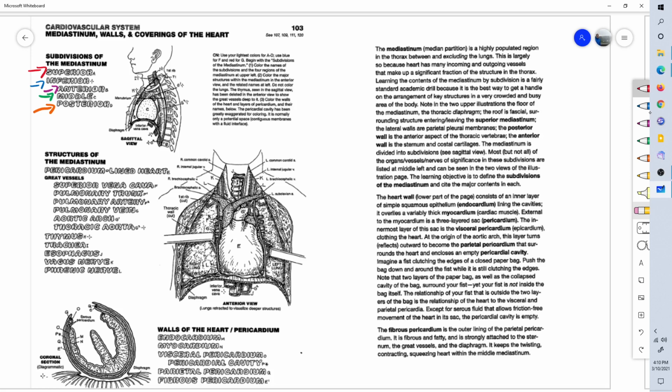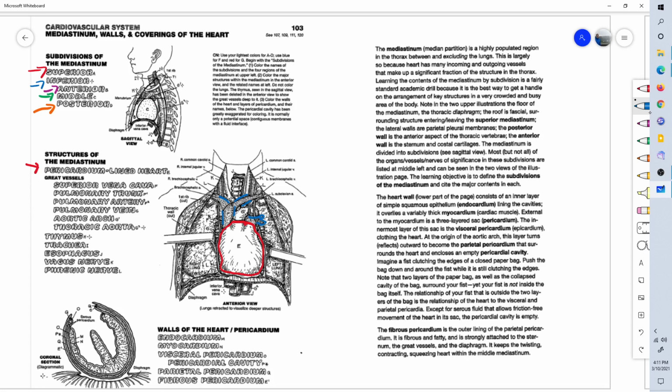From the anterior view, you see the heart, and inside its lining of pericardium. Pericardium is the sort of sac that the heart lies in. We see the superior vena cava in the superior mediastinum here. We see the pulmonary trunk.